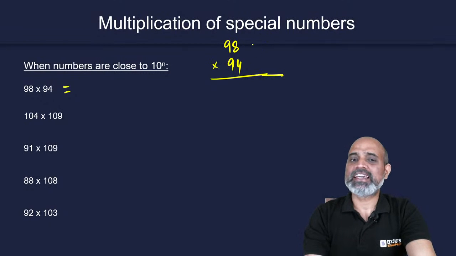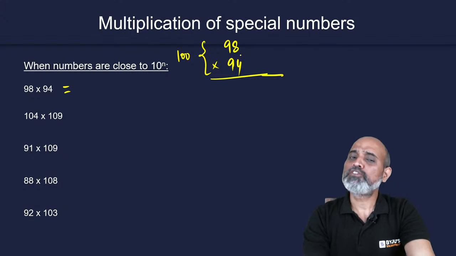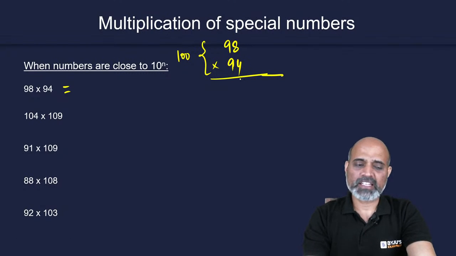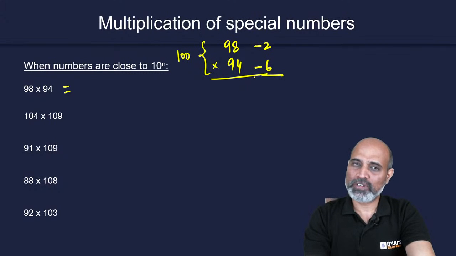You have to see कि 100 से, 100 is 10 का power 2. How far is it from 100? कितना दूर होने वाला है? So 98 is 2 less than 100 and 94 is 6 less than 100, right?